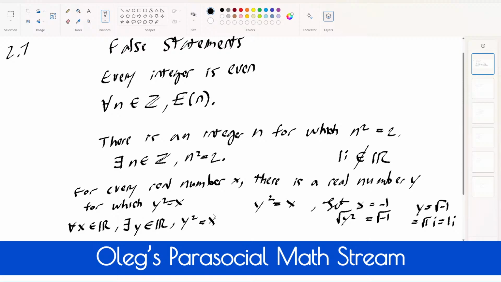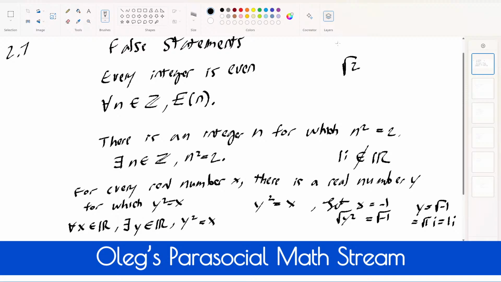Given any two rational numbers a and b, the square root of a times b is rational. Okay, so any two rational numbers, that's an easy one to break also. We know that root 2 is irrational. Root 2 is about 1.41, and it goes on forever.